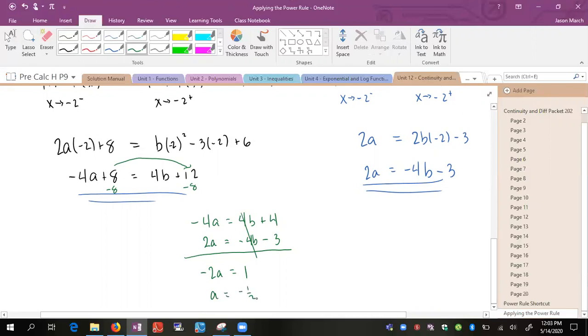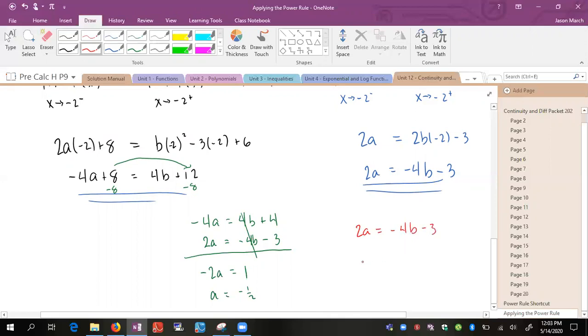Now I can substitute back in to find out what b is. I could pick either of the two equations. Maybe I'll just go with the one that's 2a. So 2a equals -4b minus 3.